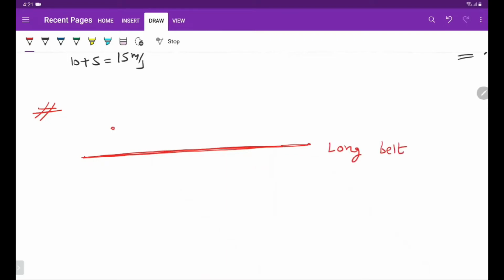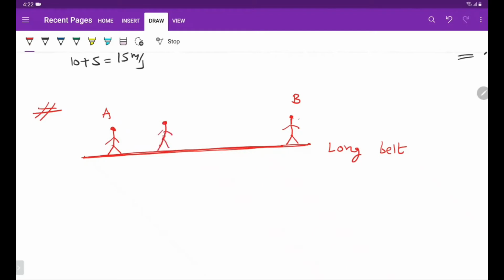On this belt, two observers are there. Observer A and here we have observer B. Two persons A and B are there. And a person C. Person C moves from A to B. So he is the person C.